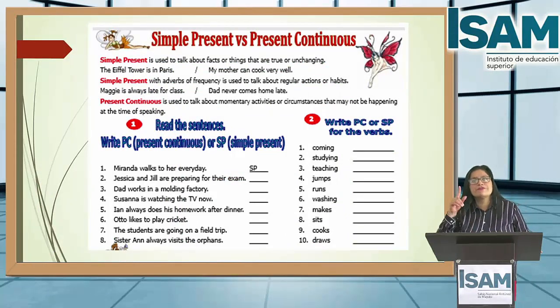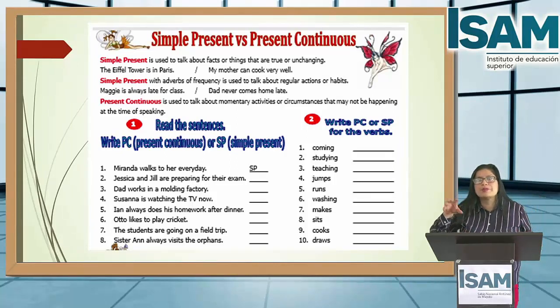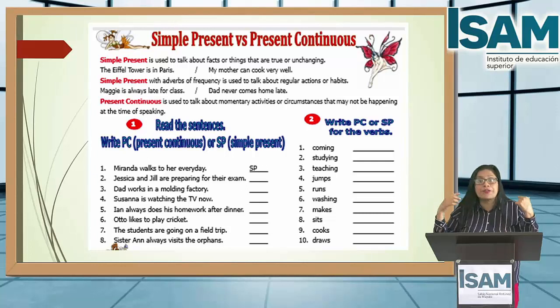Here, student, first of all, remember last class, you learned simple present, and today you learn present continuous. It's necessary, student, you have to know the difference, the use of each one. Remember, present simple is used to talk about facts or things that are true or unchanging.